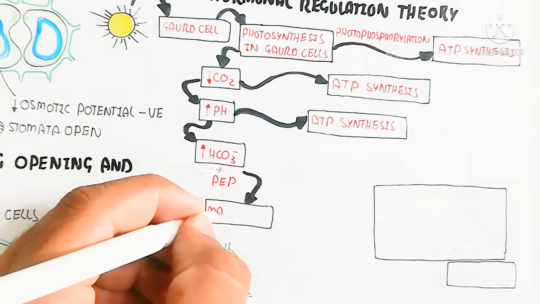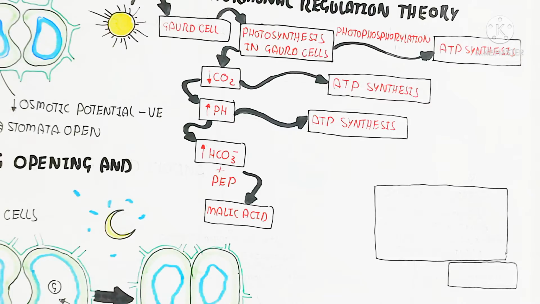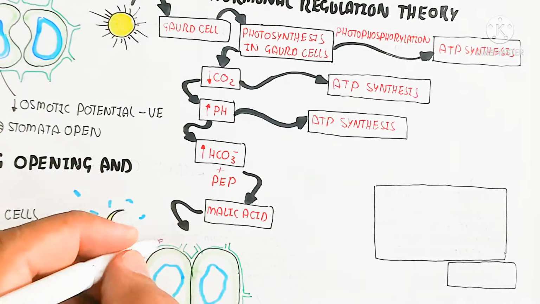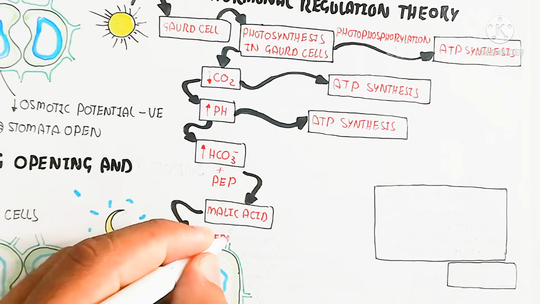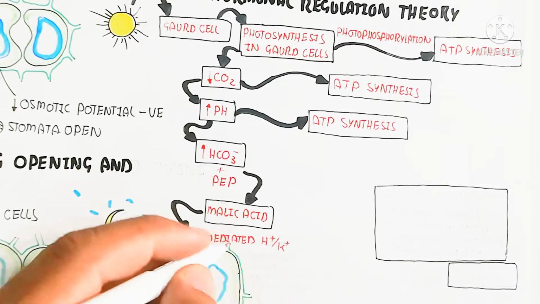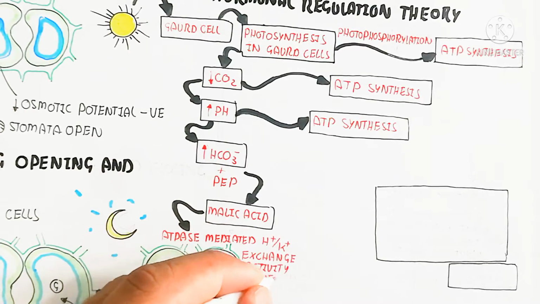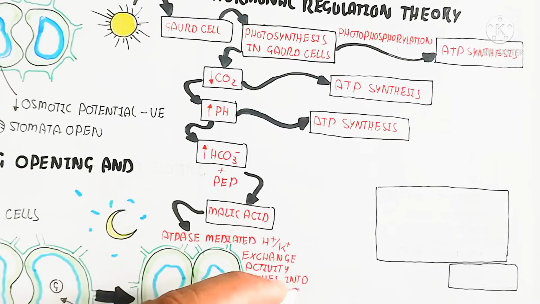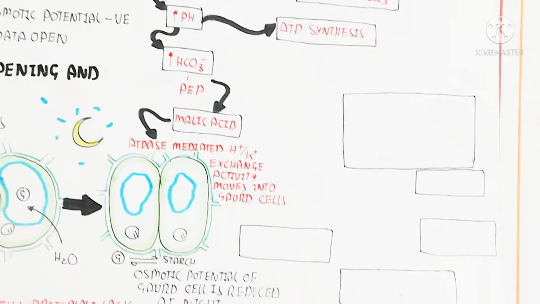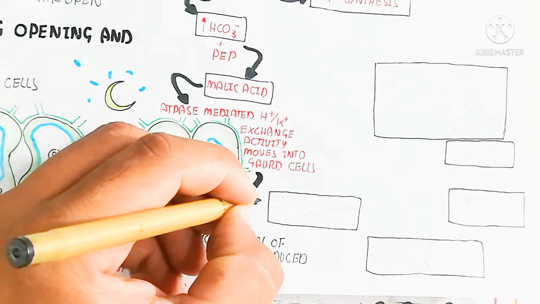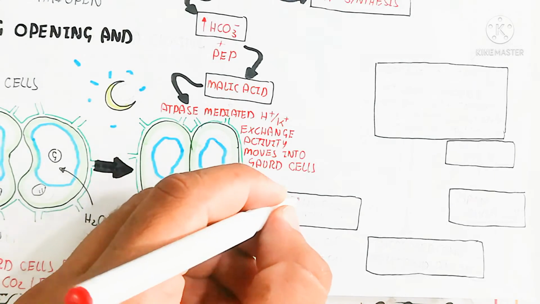Also, the phosphorylation of photosynthesis in the guard cell will produce ATP synthesis. The malic acid production will lead to ATPase mediated proton and potassium exchange, and potassium moves into the guard cell. After moving into the guard cell, the anions flow passively.